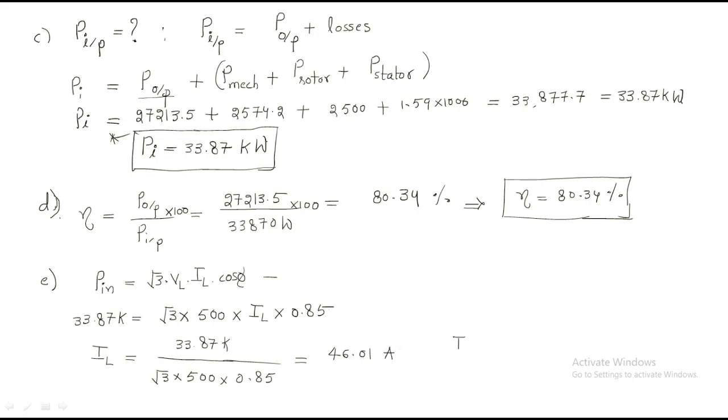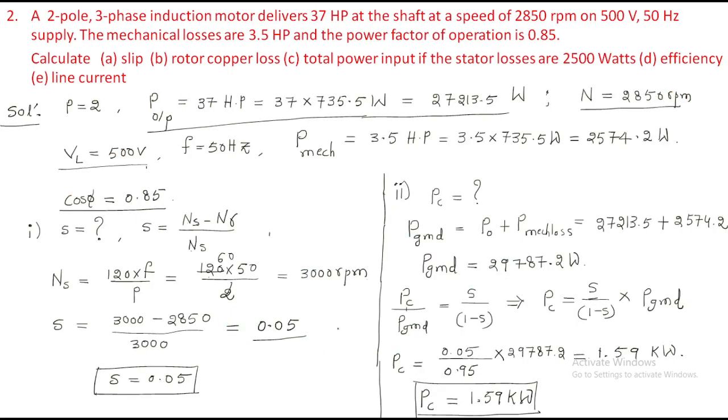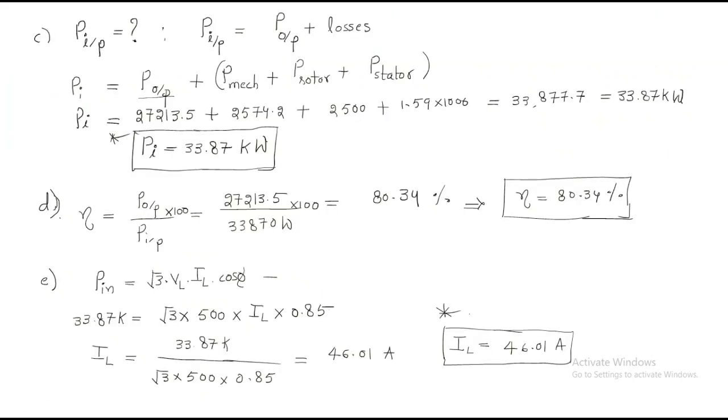So the line current value is 46.01 amperes. This is the procedure; he can ask any type of model. We discussed 5 types of models here, and in the examination he can ask any model from these.